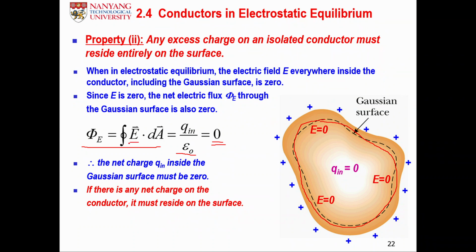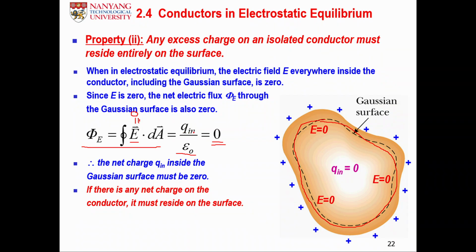Because E is 0, then of course this dot product is always going to be 0, and this integration is always going to be 0. And if this integration is 0, it means this Q in must always be 0, whatever Gaussian surface you have, as long as it is inside the conductor.